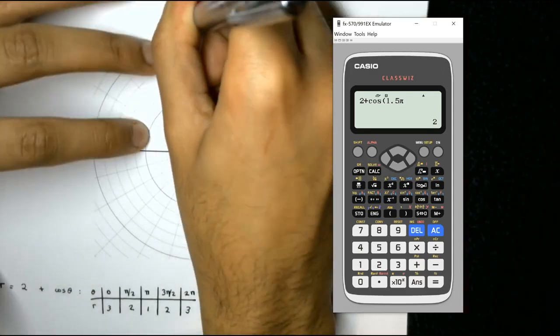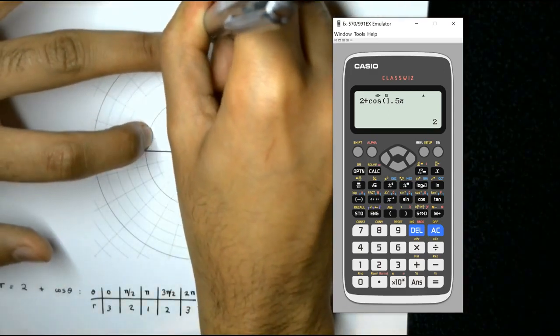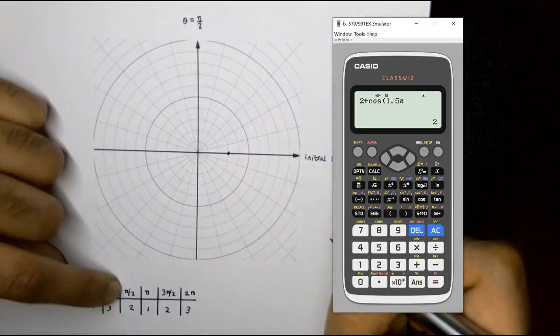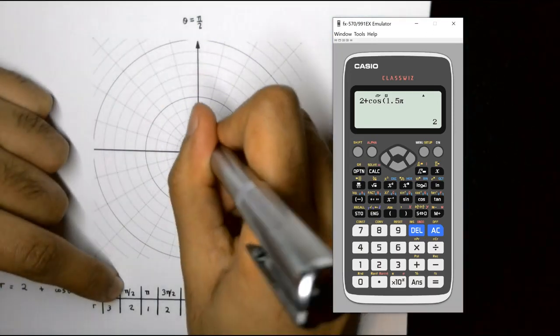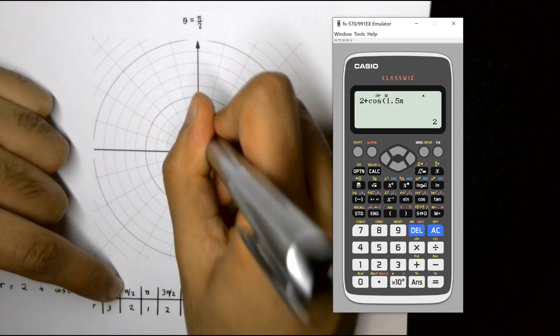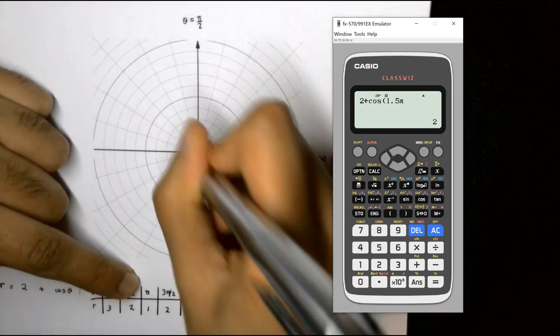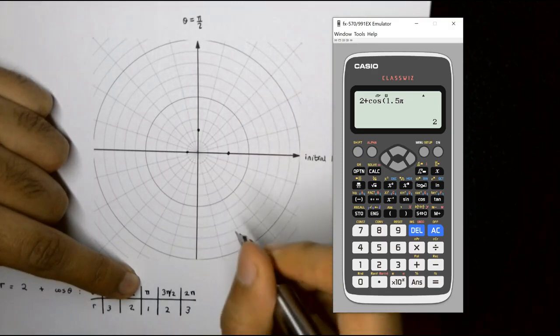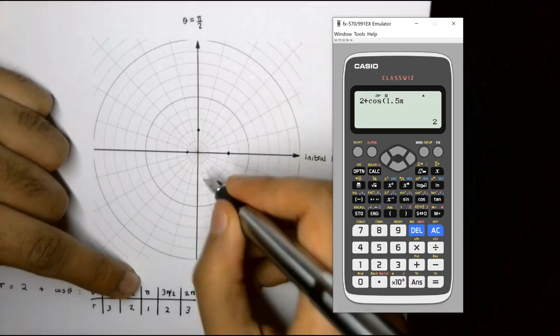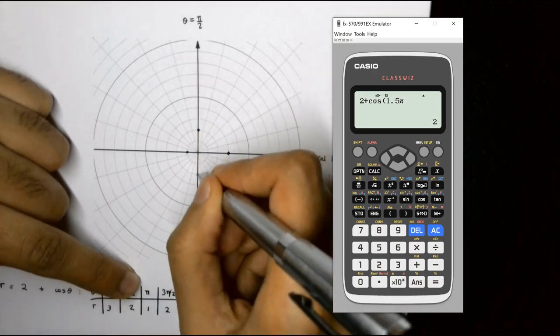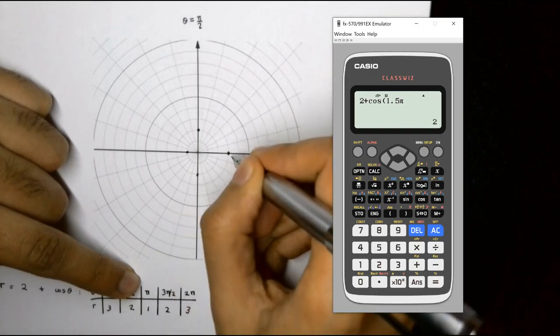Here we've got theta equals pi over 2. So then when we've got pi over 2, we get 2. So that's shown here. Then when we got pi, we've got 1. And then at 3 pi over 2, we get 2. And then we go back over here.